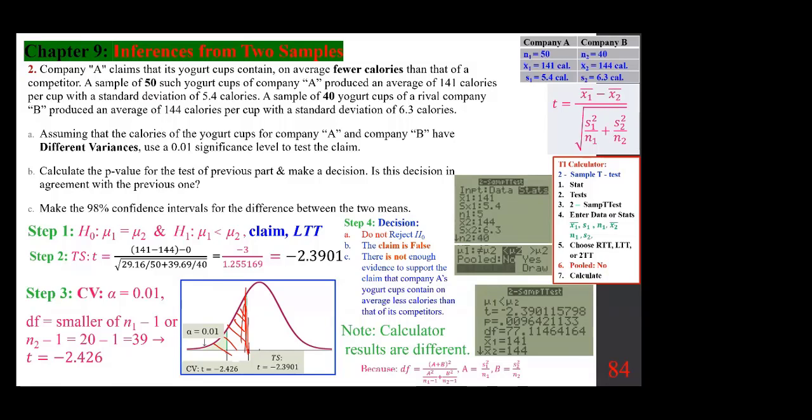However, this is different because this is calculated using technology, which is more precise with a different degrees of freedom. The result is different. If you look at this p-value, this p-value is less than alpha, which means you reject H0. So, I want you to pay attention to those discrepancies.